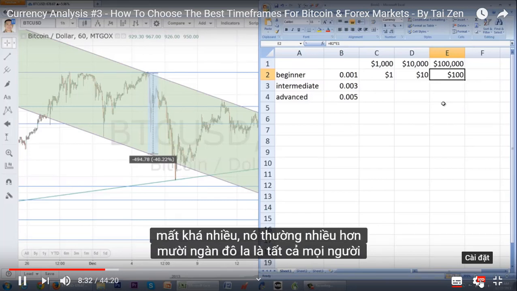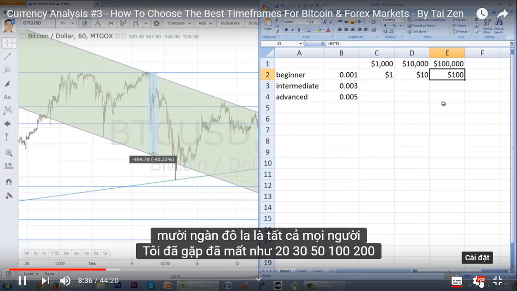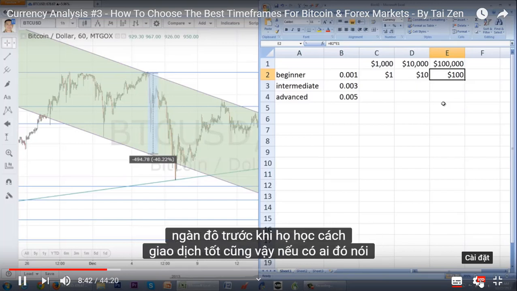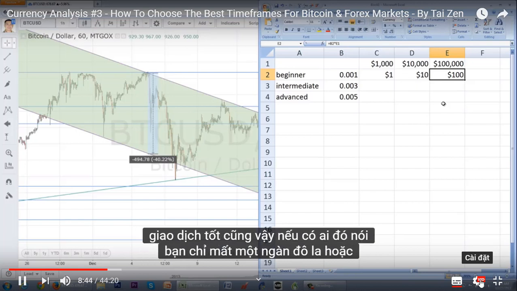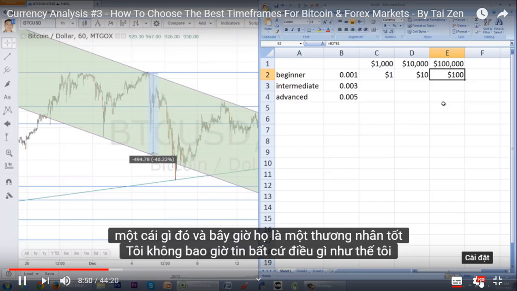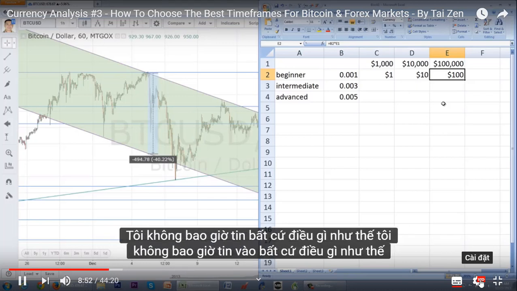It's usually more than $10,000. All the people I've met have lost like 20, 30, 50, 100, $200,000 before they learned how to trade well. So if somebody tells you they only lost $1,000 or something and now they're a good trader, I never believe anything like that.